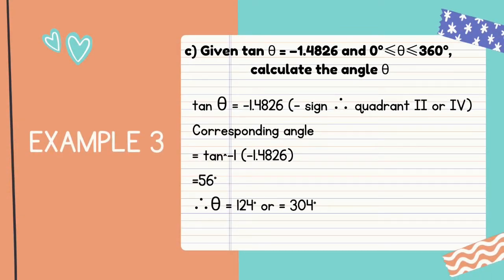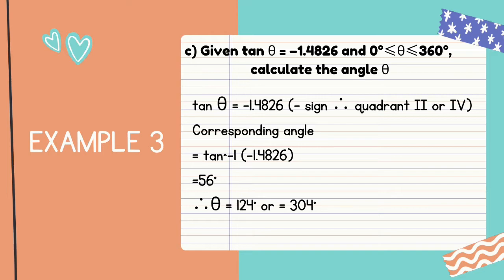Lastly, example 3c. Given that tangent theta is equal to minus 1.4826 and theta is more than or equal to 0 degrees and less than or equal to 360 degrees. Calculate the angle theta. Firstly, minus 1.4826 is a negative value, therefore it is located at quadrants 2 or 4 for the tangent function.